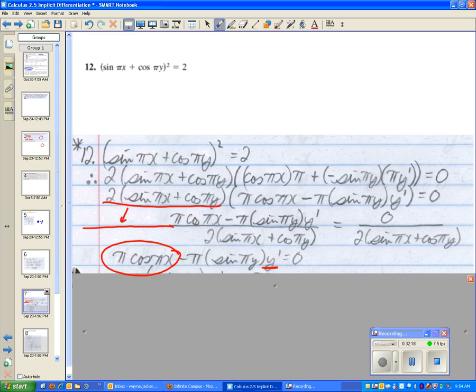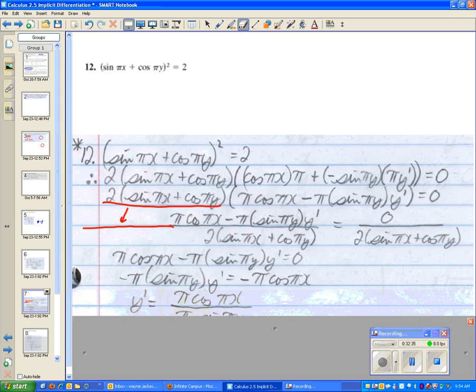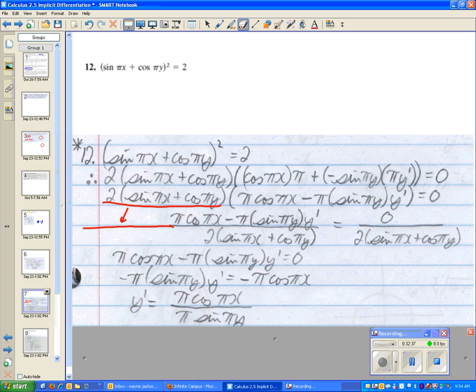So this term has to be subtracted from both sides. Like so. I'm going to the next step because the next step I'm going to do is divide both sides by negative pi. And I'm going to divide both sides by the sine of pi y.